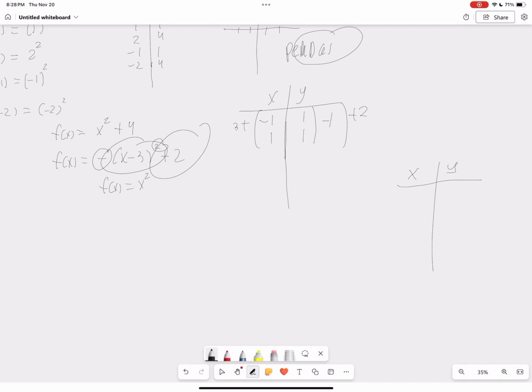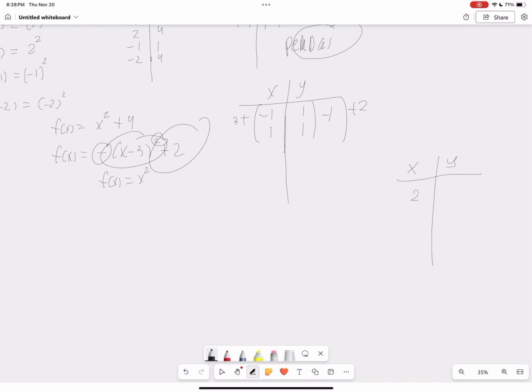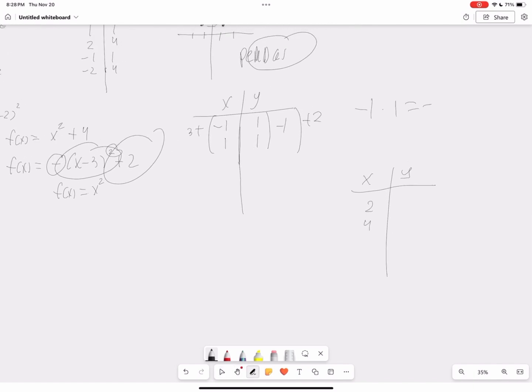So 3 plus negative 1, that's 2. 3 plus 1 is 4. Right now I'm just adding. Negative 1 times 1 is negative 1. Correct? So negative 1 times 1, this is for the y value, is negative 1. Plus 2 equals 1. Correct?